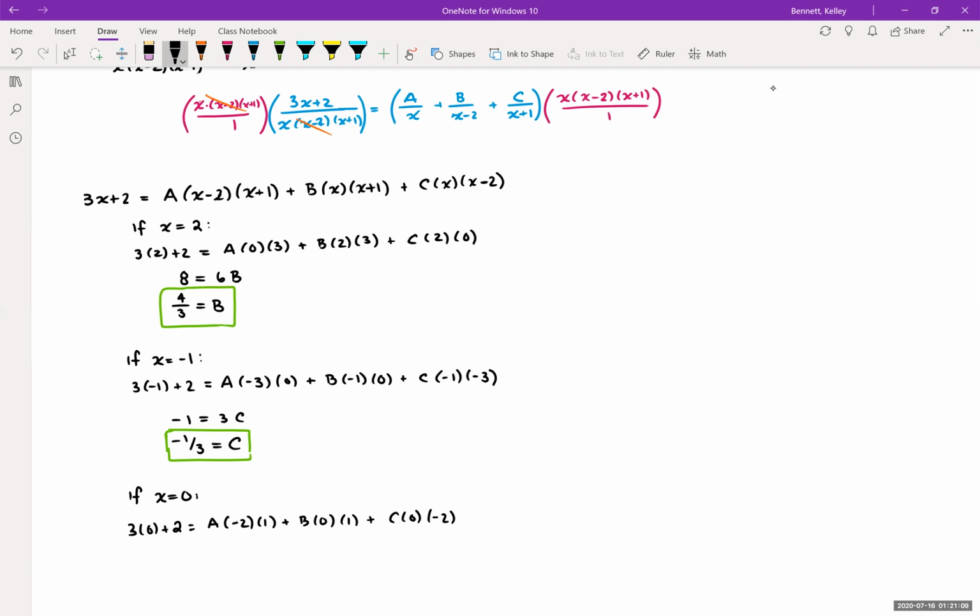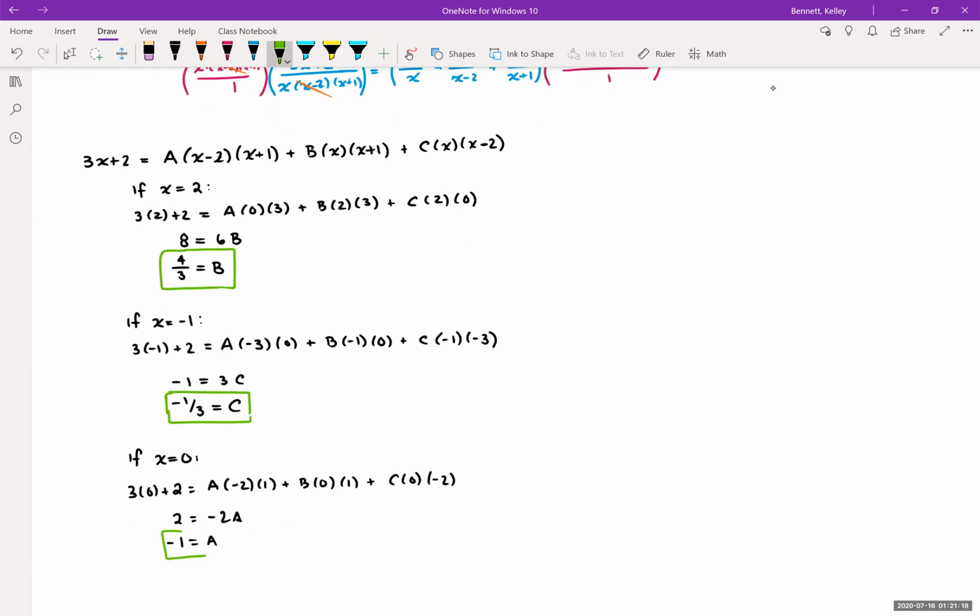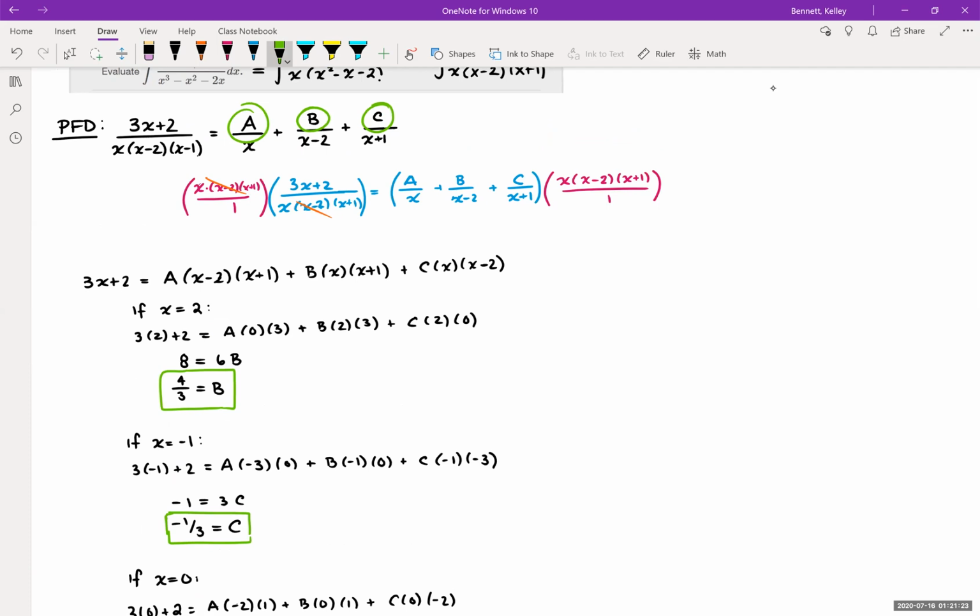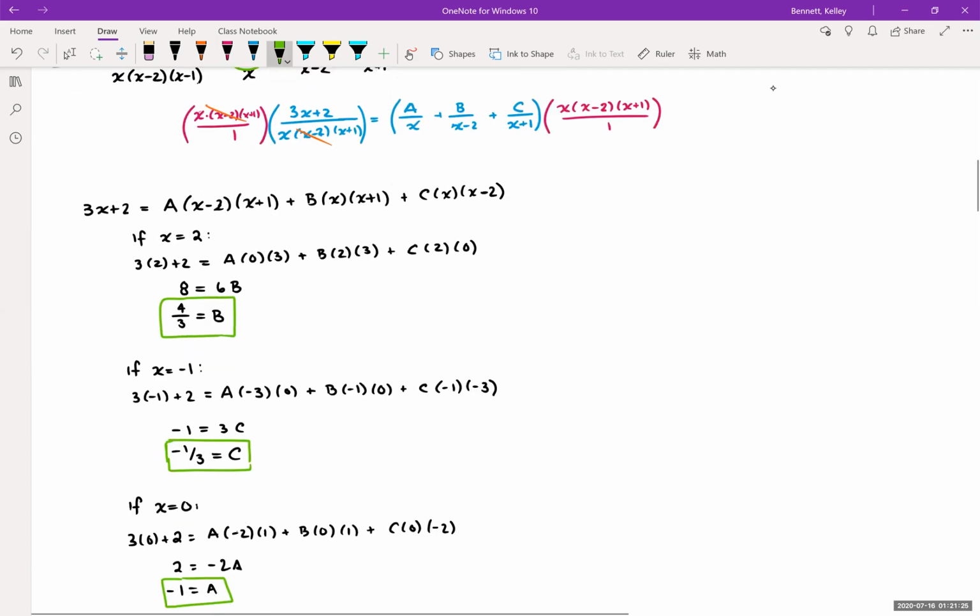Okay, so 2 equals -2a, and so -1 equals a. Okay, so now I have a, b, and c. Just FYI, in the case that you don't have enough killer x's, if x equals 0 isn't already a killer x, it's always a really good choice to be a helpful sidekick x, because it's such an easy value to plug in. Anyway, just a tip.